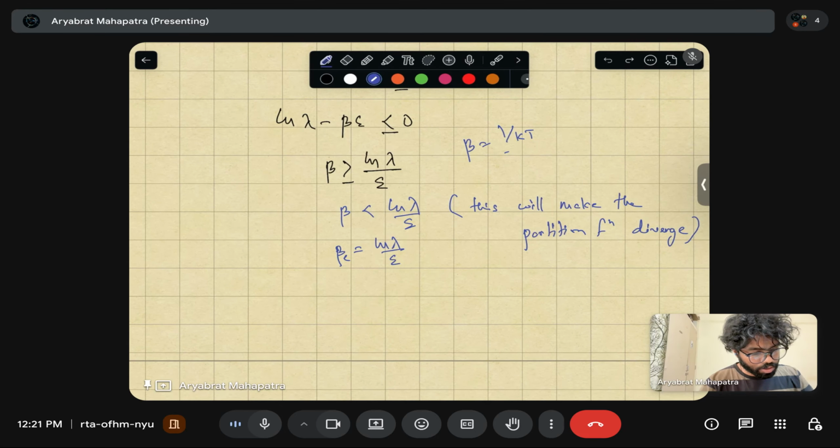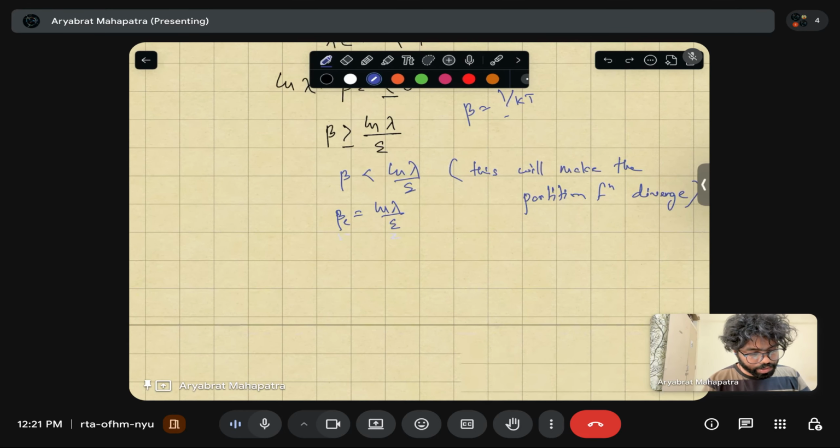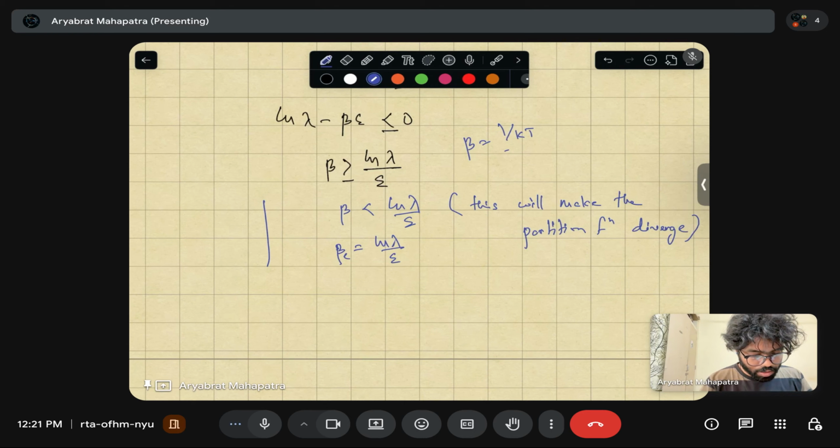Correspondingly, in terms of temperature, the condition is T less than or equal to epsilon over k ln lambda.